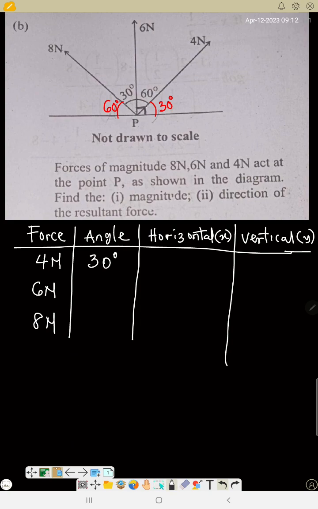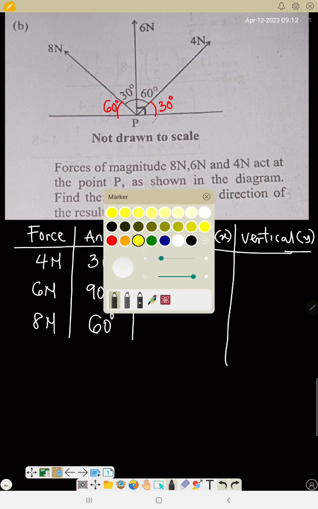So now I have 30. For 6 Newton, the angle is 90 degree. For 8 Newton, the angle is 60 degree. Now for horizontal components, you need the sign convention. So let me show it.